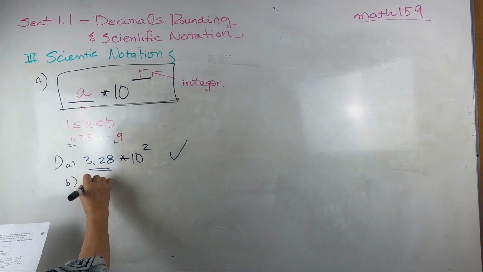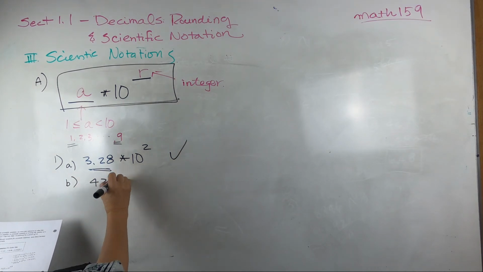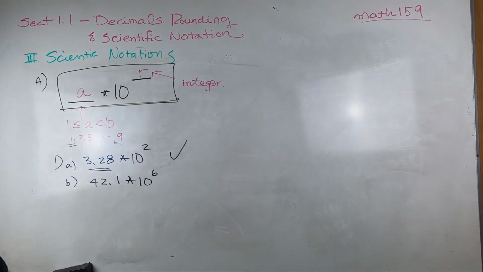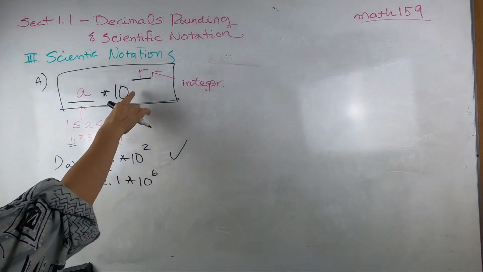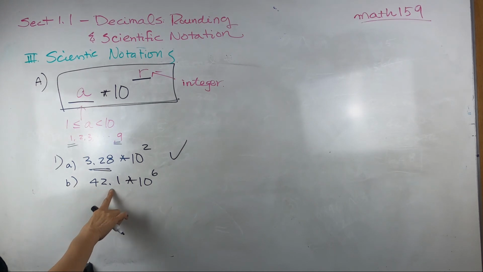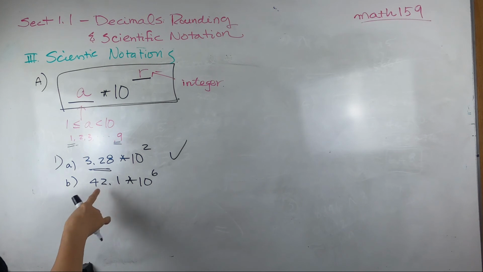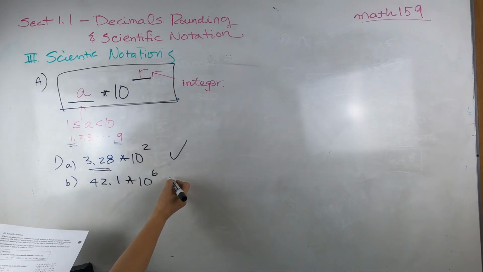If we write 42.1 times 10 to the 6th power, is this a scientific notation? 10 to the 6th power, yes. But the number in front of it is not 1 to 9. It's 2 digits, right? Okay, so it's what?